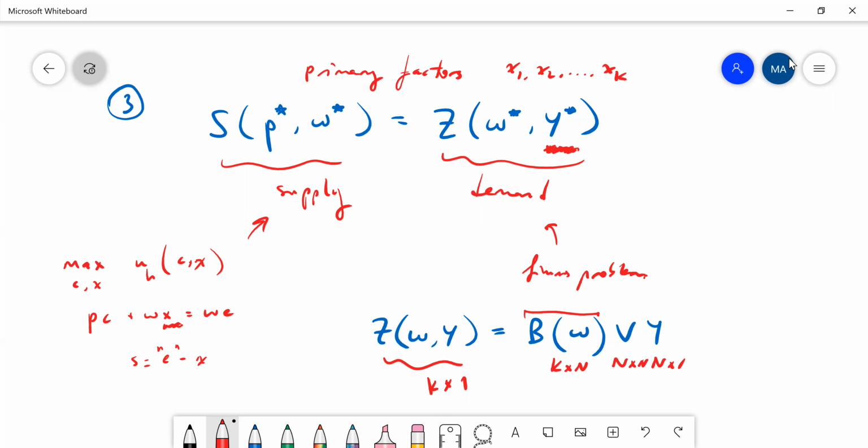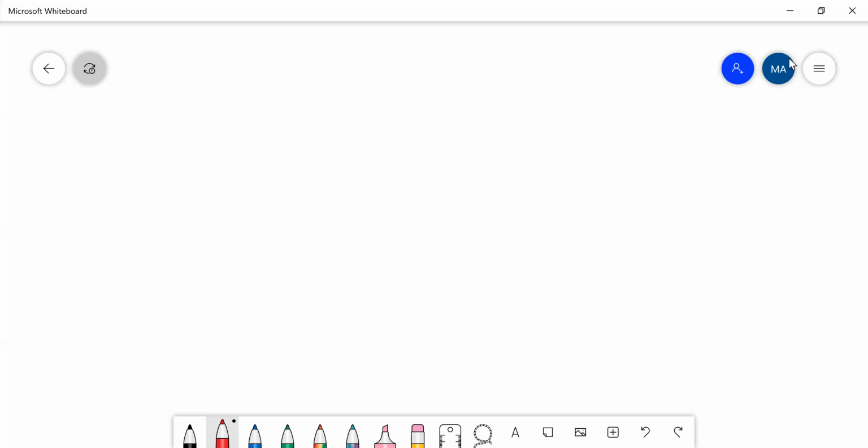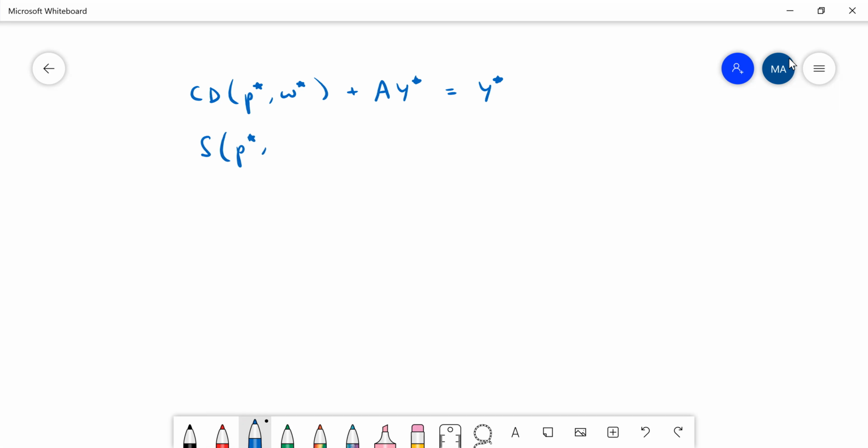So then what do we have at the very end? We have first a system of equations like this, right? Okay.